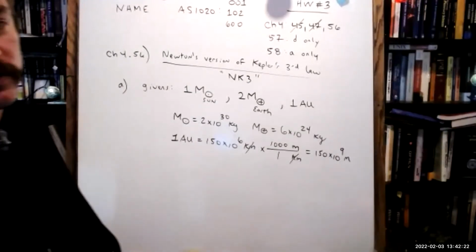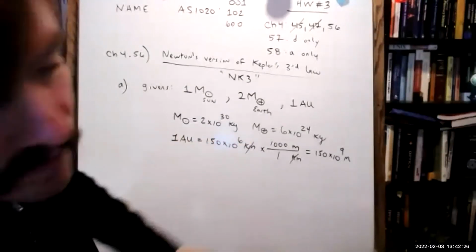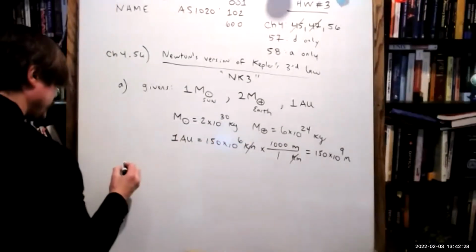Okay. Let's write Newton's version of Kepler's third law, but this time let's solve for the period by square rooting both sides.